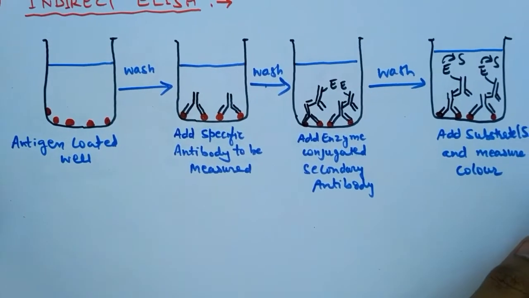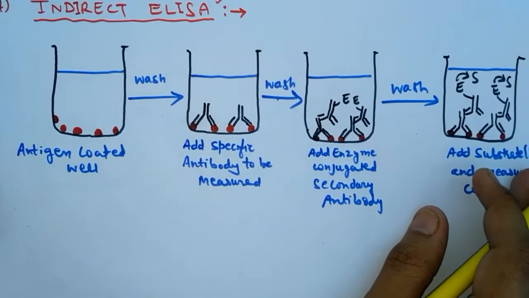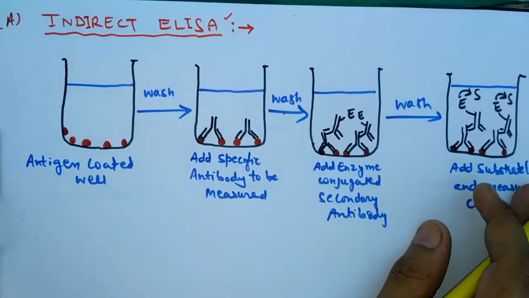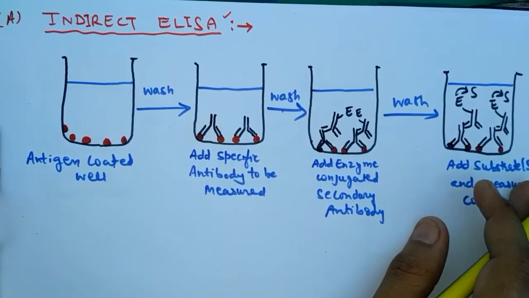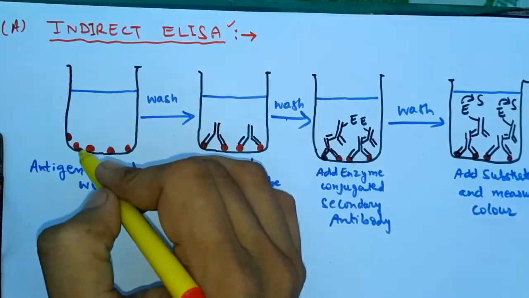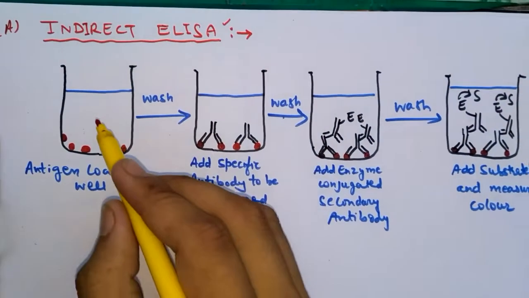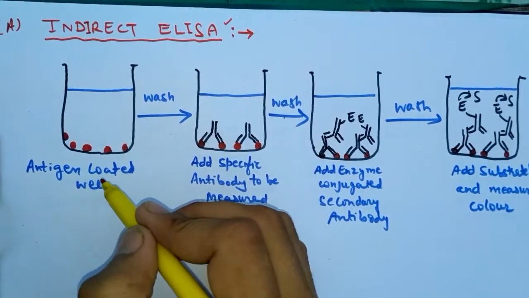Here is a diagrammatical protocol of the indirect type of ELISA. Here what is done, we use a well or cavity slide in which we have artificially designed antigen.